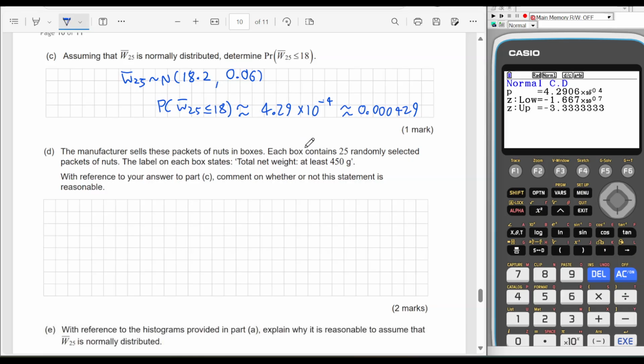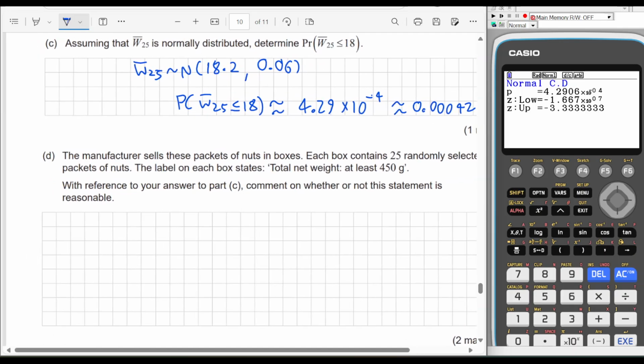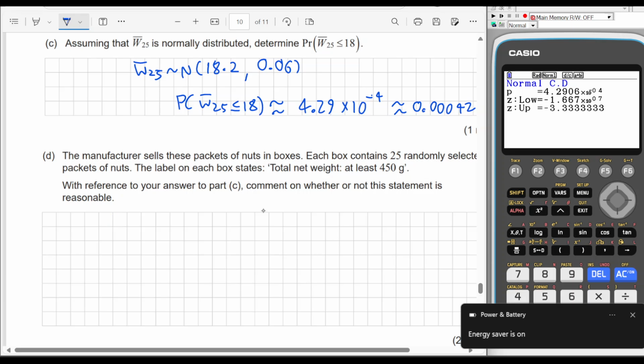Okay, each box contains 25. The label says total weight is at least 450 grams. So the probability, all right, so if we want the total weight to equal 450 grams, therefore the average weight should equal 450 over 25.